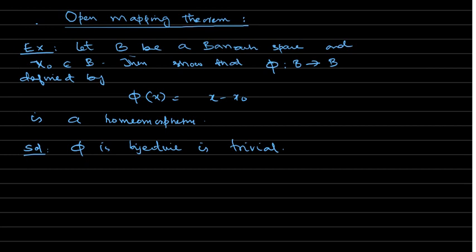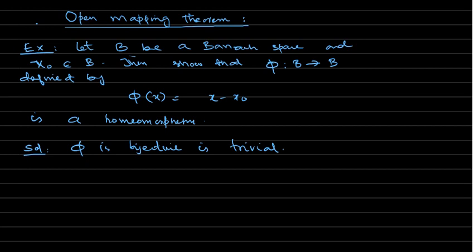Now continuous means you can use the sequential approach here. It's very simple. If you take any sequence in the domain B which converges to some point, then the image of that sequence will converge to the image of the point. Continuity is equivalent to the sequential approach in any metric space, and every Banach space is a metric space.